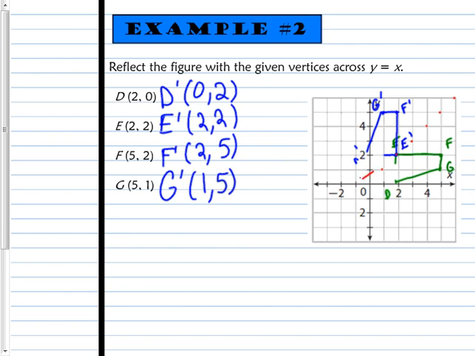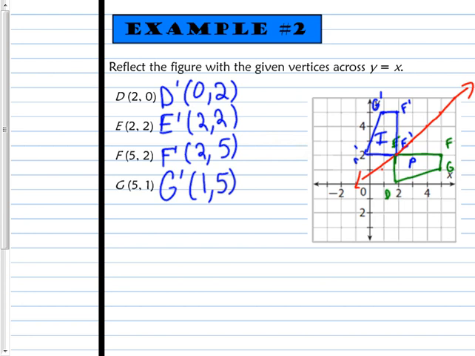If I were to draw my line straight through these points, and I did this on my paper, I'd like you to do that also. If you draw that line and then fold your paper on that line, the pre-image and the image will lay right on top of each other. I will show that in class as well.